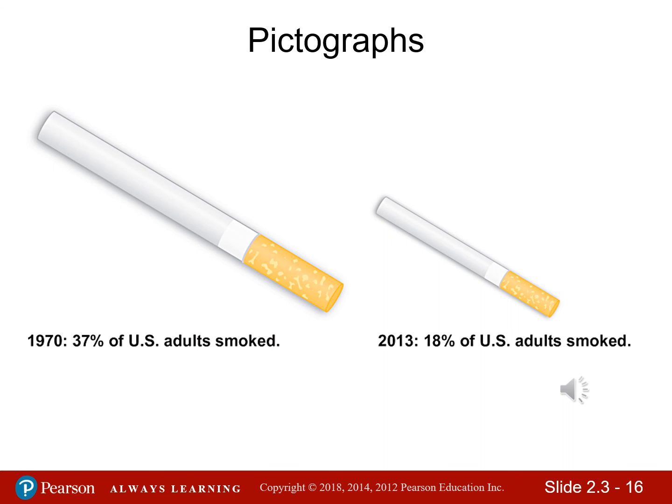Because of this, the volume of the 1970 cigarette is about 8 times the volume of the 2013 cigarette. But the actual percentage shows that the 37% smoking rate in 1970 is only about twice the 18% smoking rate of 2013.